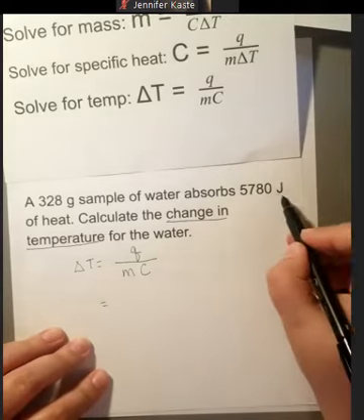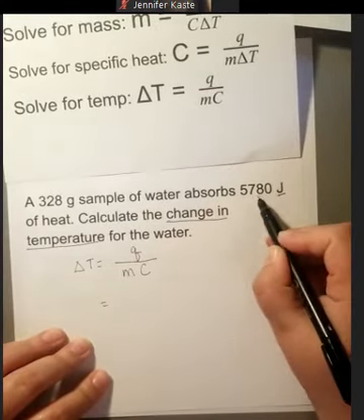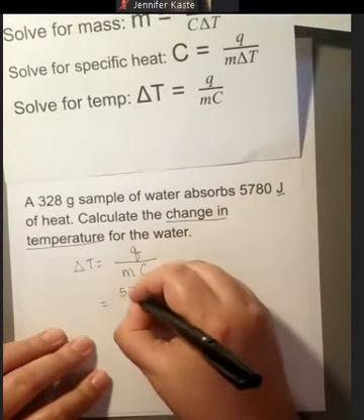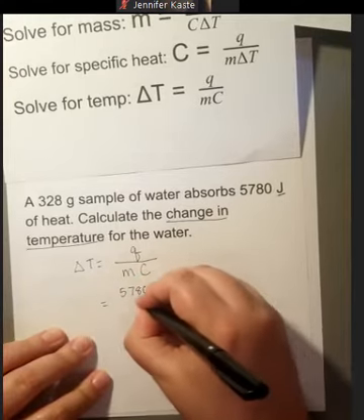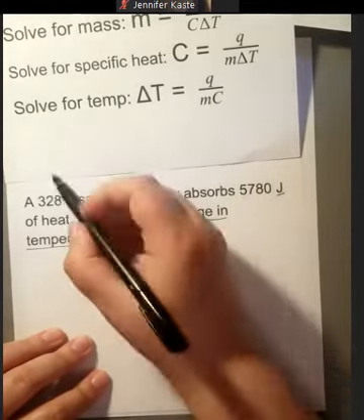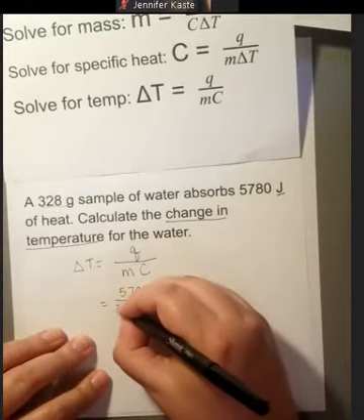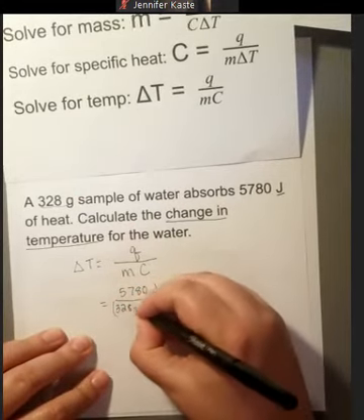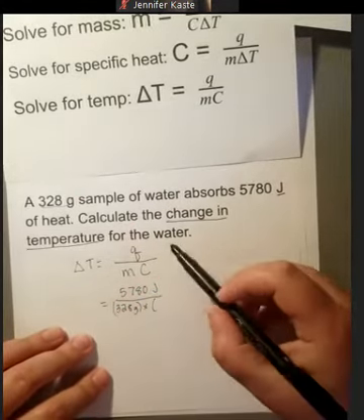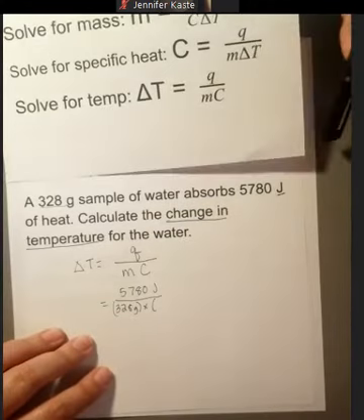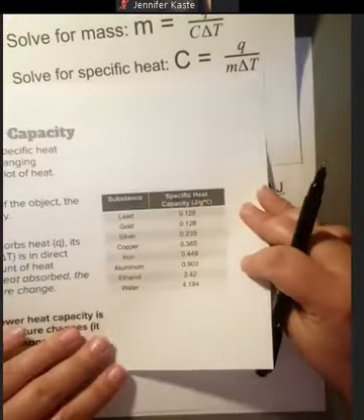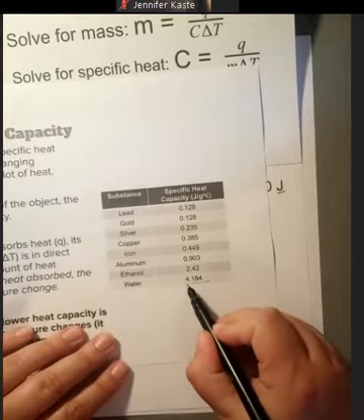So they tell me Q is the joules, 5,780, divided by the mass. The mass of water is the 328, times the specific heat. So the specific heat of water, I go back to my chart, specific heat of water, 4.184.